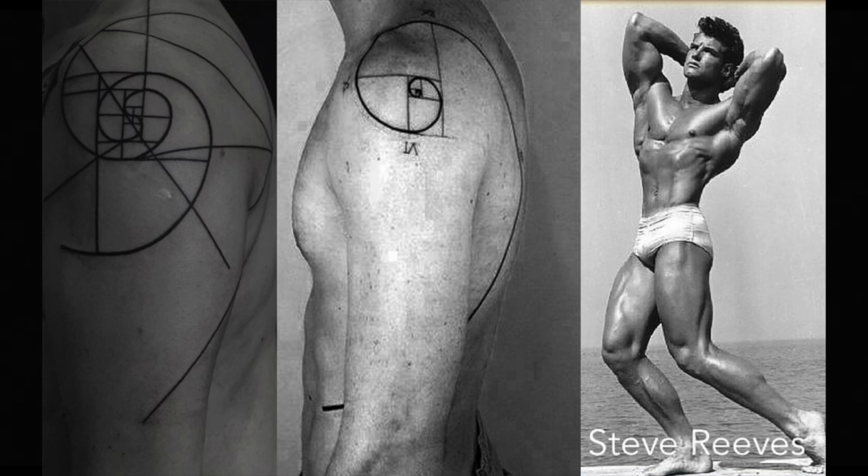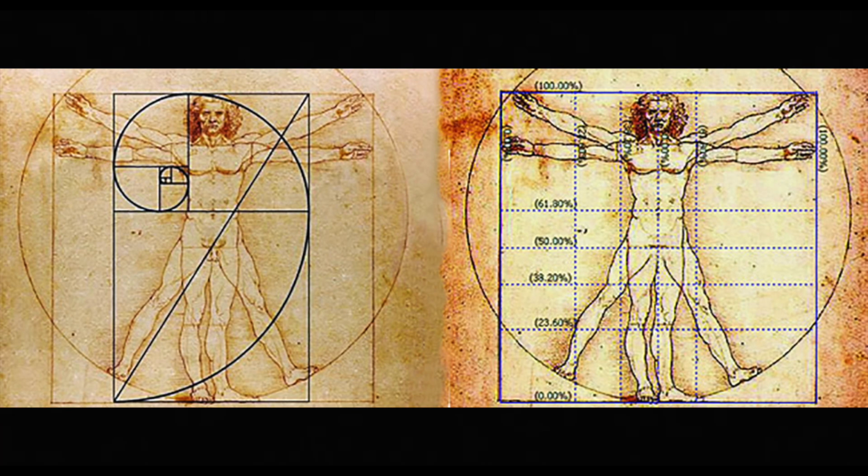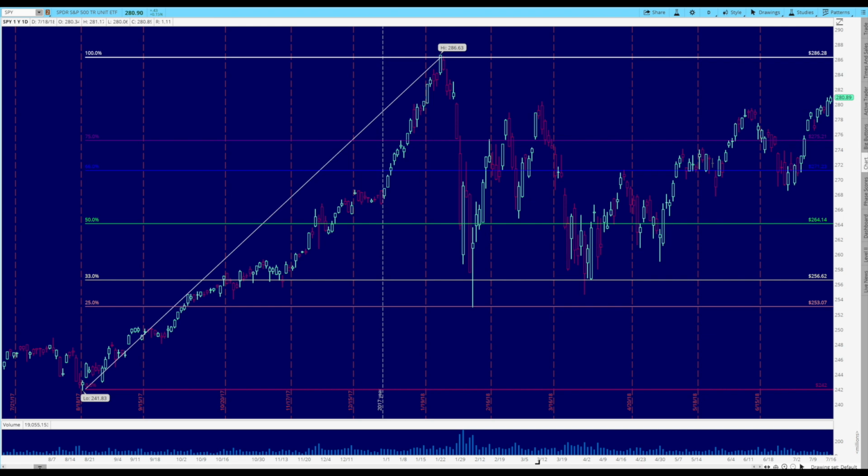It's how we depict even standards of beauty, which I hate to say, but those tend to also follow the Fibonacci sequence. Even from elbow to fingertips, a lot of times you will get 0.618, meaning if you take the total length of your arm and divide it from elbow to fingertips, you also get 0.618.